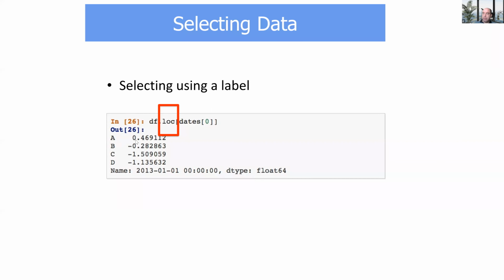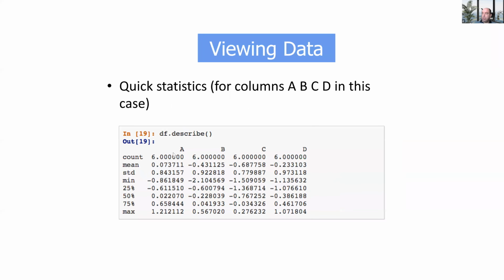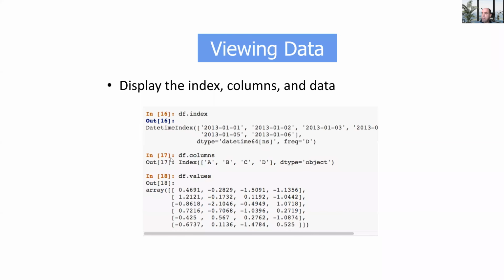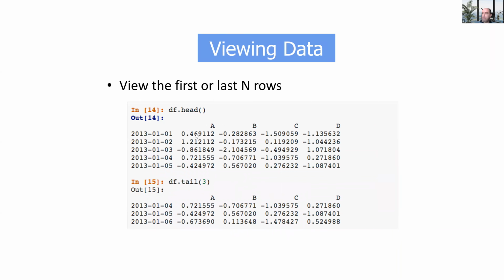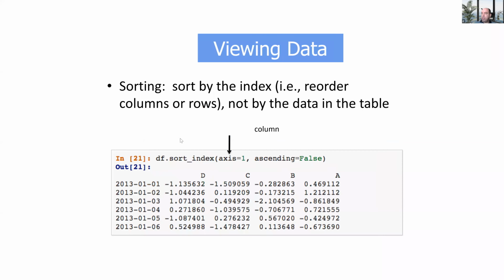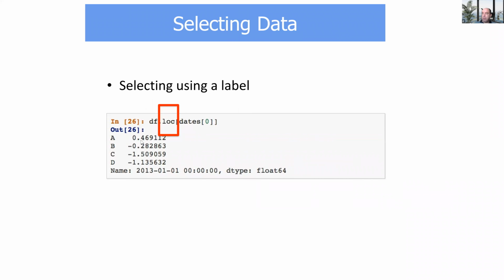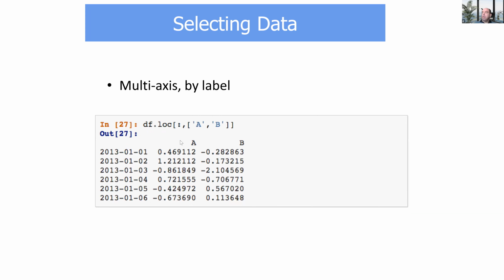I get the values from the first original row, which is 0.462, 0.282, 1.5, minus 1.509, minus 1.135. These are the values that I will get here, as a list, or basically as a series.